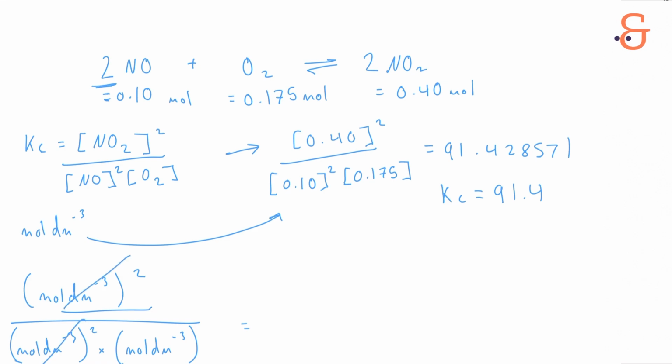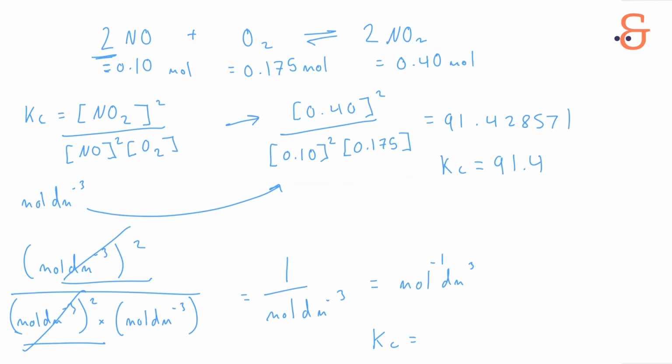And so what we're basically left with is 1 over moles per decimeter cubed. And another way to write this is simply by doing moles to the power of minus 1, since we flip it, and then decimeters, instead of the minus 3, we'll do a 3 since we flip the sign. So after all of that, Kc is equal to 91.4 moles to the minus 1 decimeters cubed. And boom, that's the final Kc value.